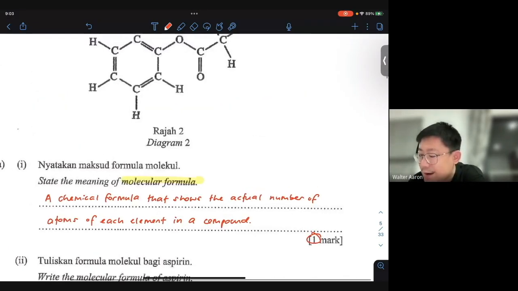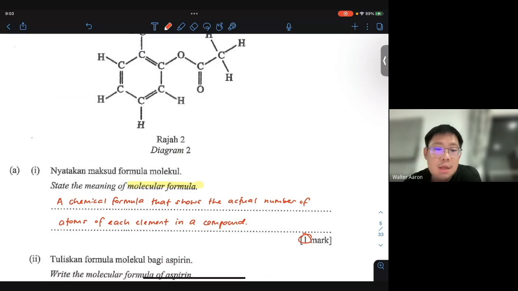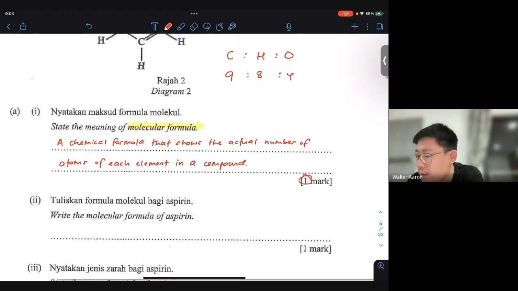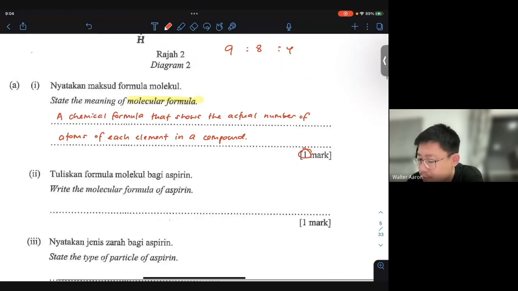We calculate the number of carbon atoms, number of hydrogen atoms, and number of oxygen atoms. The carbon atoms should be a total of 9, hydrogen is 8, and oxygen is 4. So your molecular formula of aspirin will be C9H8O4.